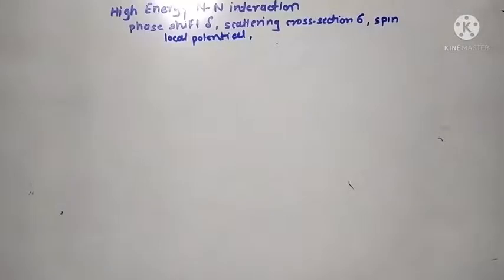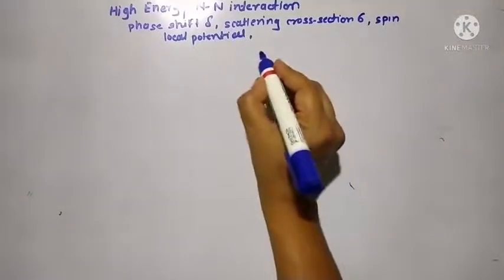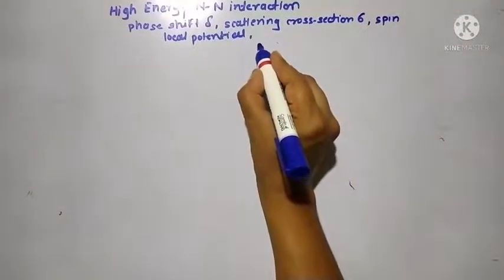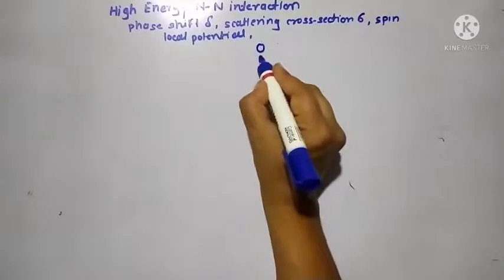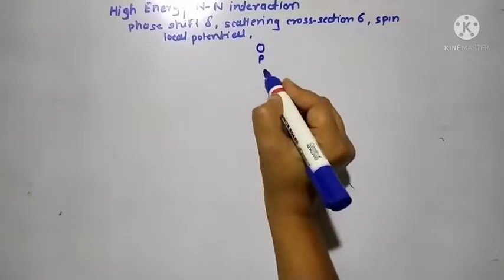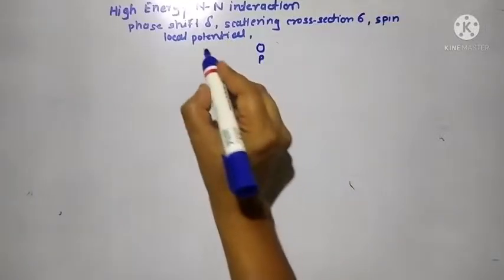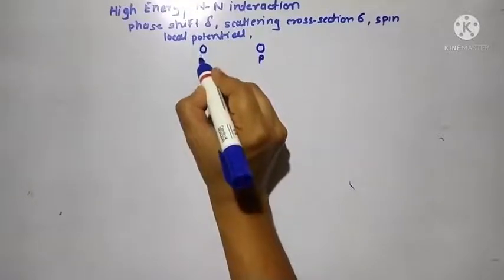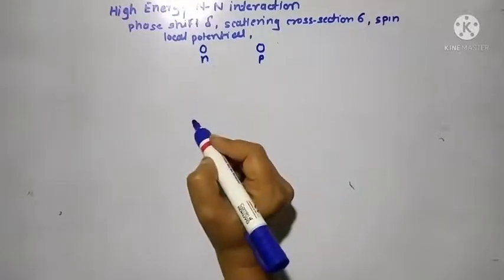Like the problems which we have seen in a low energy nucleon interaction and the deuteron problems. So these could be explained by using the simple local potential, but this is not the case with a high energy nucleon interaction. So suppose I have taken a proton as a projectile particle and neutron as a target particle.